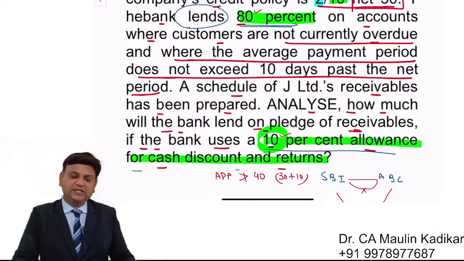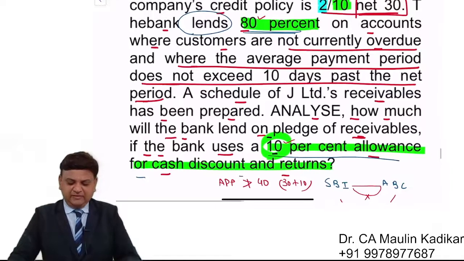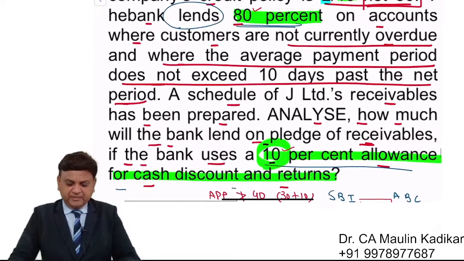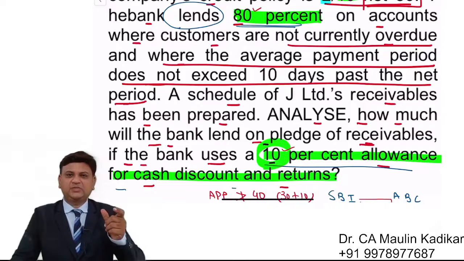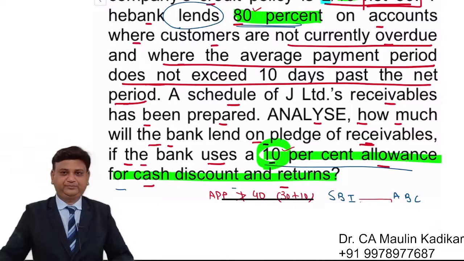Lower the bank margin, the more aggressive the bank is in lending. Usually you will observe that in case of private banks, the margin is very low, and in case of banks like State Bank of India or Bank of India, the margin is very high. This is what we understand over here.